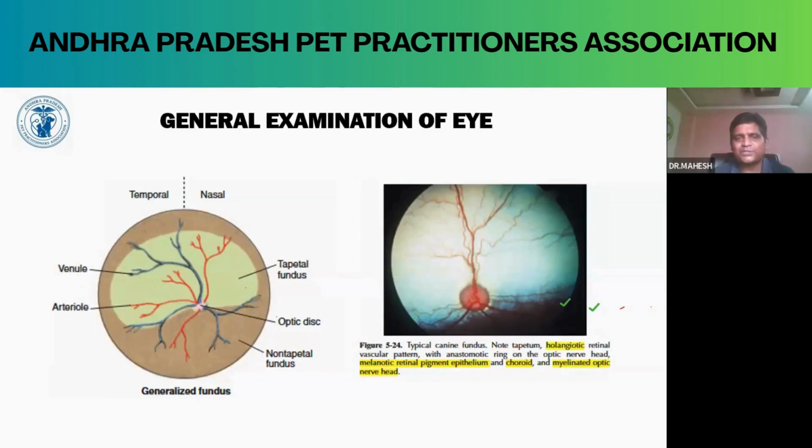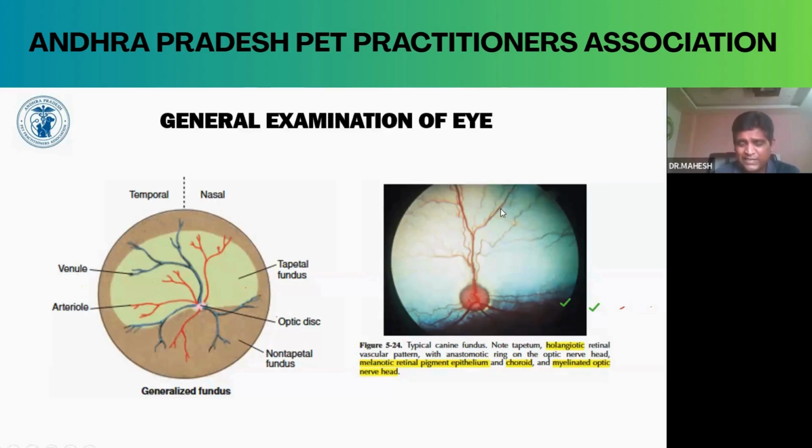Generally we will appreciate the fundus, the temporal and the nasal area. We will appreciate highly reflective areas as well as non-reflective areas. In the fundus examination, we generally observe the highly reflective area, which is known as the tapetal fundus. This is a typical canine fundus.